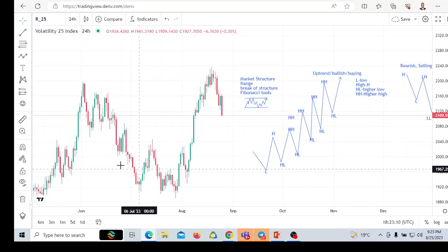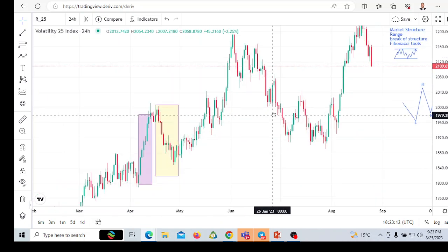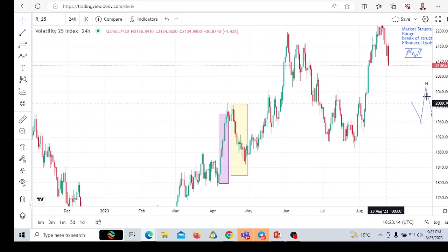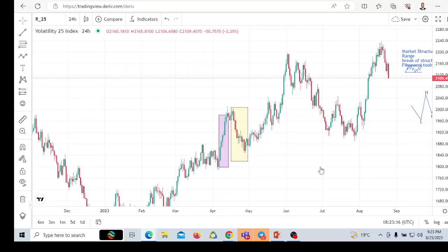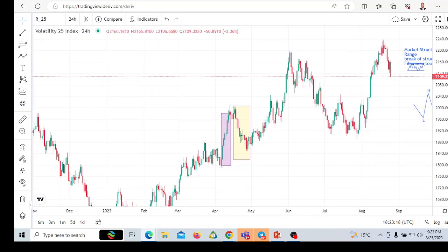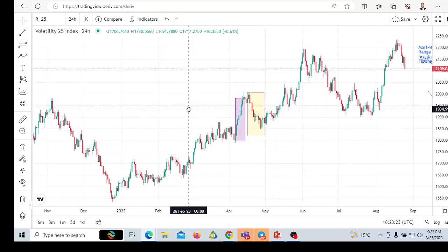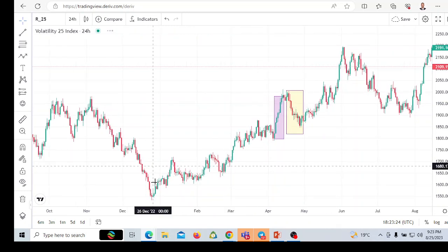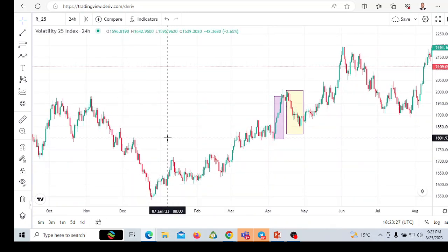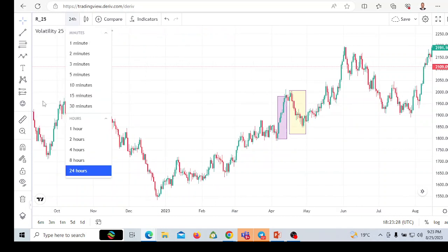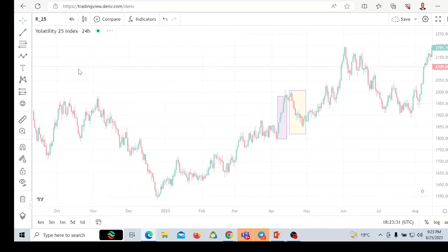We can look for structure in this asset. It's called VIX25. It's an asset that I have been trading for a while. It's a nice asset. Let me change the time frame. There are things called time frames also.